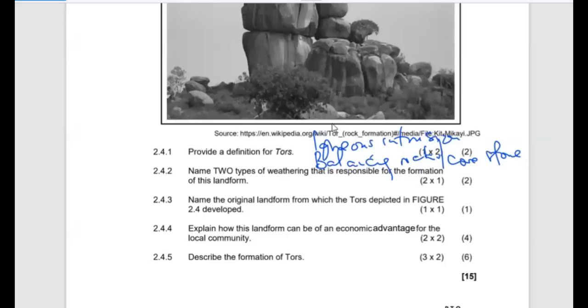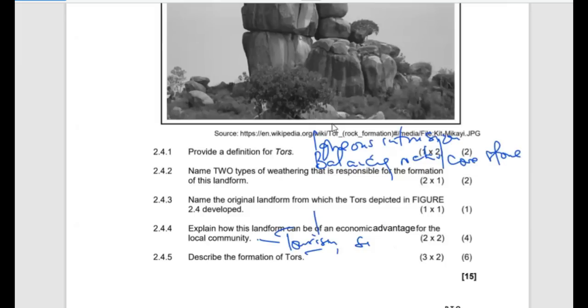Explain how this landform can be an economic advantage for local community. How can people benefit from this? You can talk of tourism. You can talk of sightseeing. You can talk of the economic benefit of the rocks as they are.